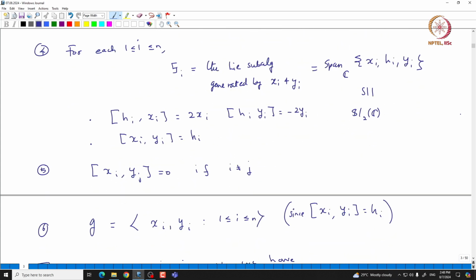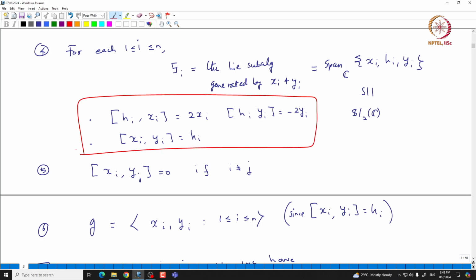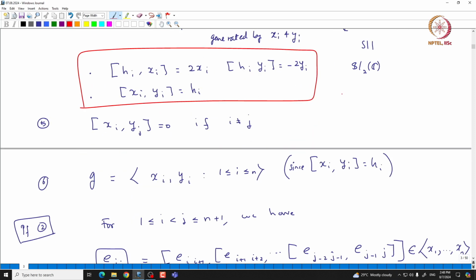And for 4, these formulas are easy to verify. For example, if you take h_i to be E_ii minus E_{i+1,i+1}, then the bracket [h_i, x_i] is (E_ii minus E_{i+1,i+1}) times E_{i,i+1} minus E_{i,i+1} times (E_ii minus E_{i+1,i+1}).